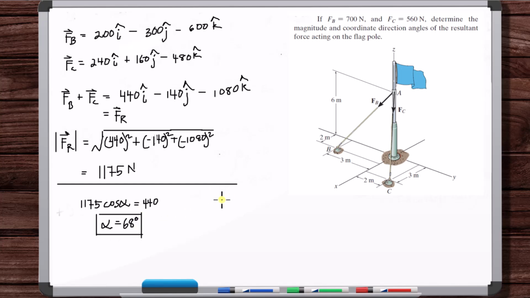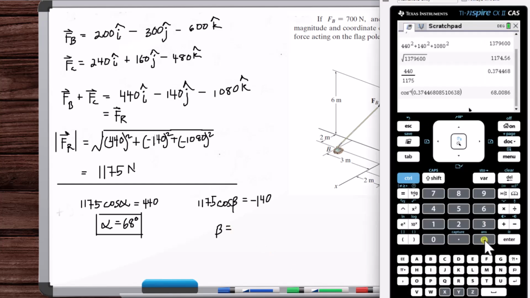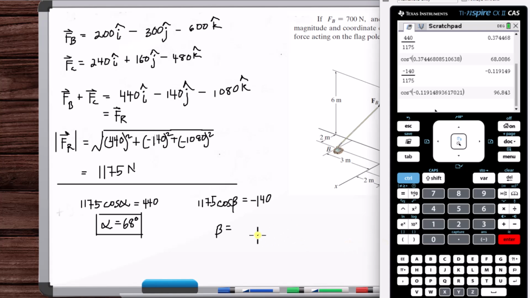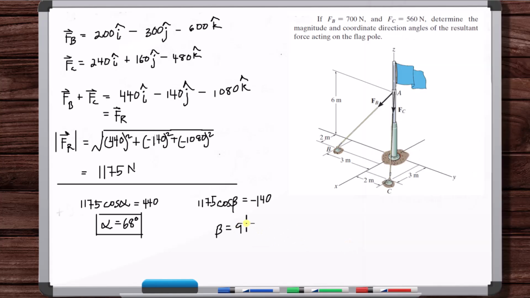Now 1175 cosine of beta is equal to minus 140. So beta is the arc cosine of minus 140 divided by 1175; you want to make sure you use the minus. That's 96.8 degrees.